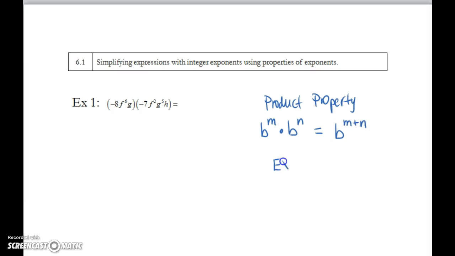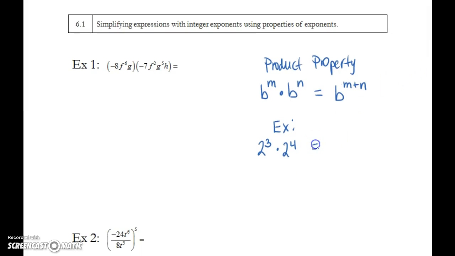So for example, if we have 2 to the third times 2 to the fourth, that becomes 2 to the 3 plus 4, which is 2 to the 7th.